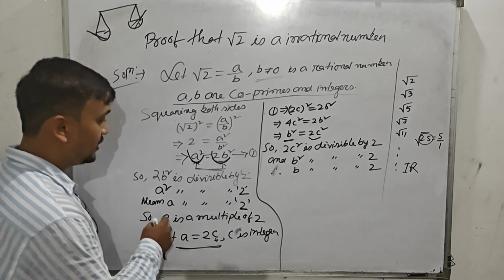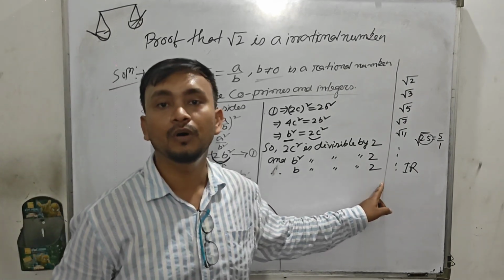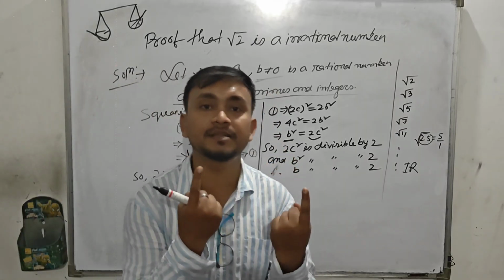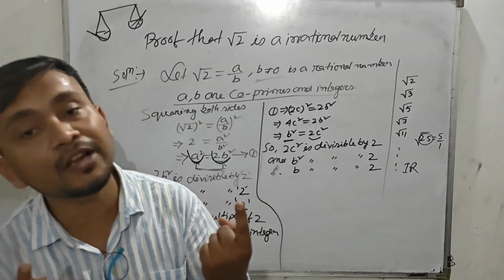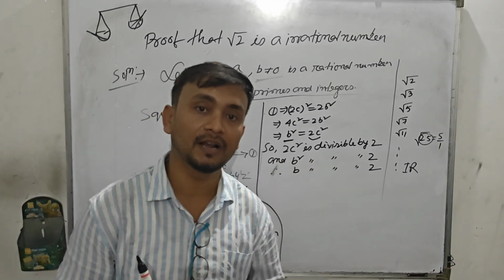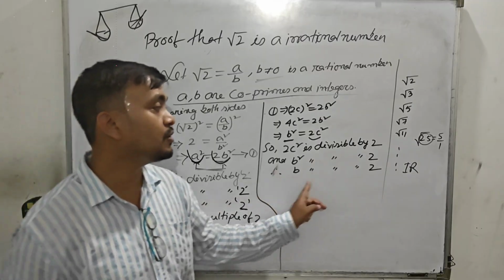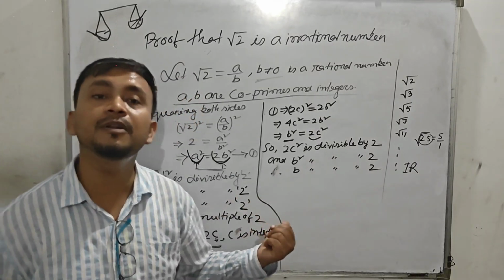Right? Now see, this a is divisible by 2, b is divisible by 2. Now remember the concept of co-prime numbers. Two numbers are co-prime when they do not have any common divisor other than 1. Here you can see a has a divisor 2, b has also divisor 2. That means a and b are both divisible by 2.